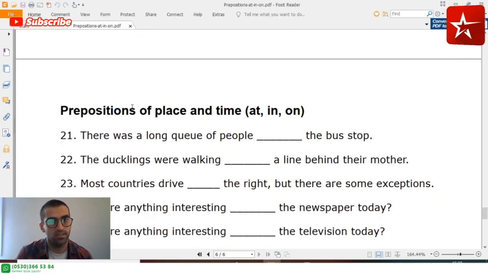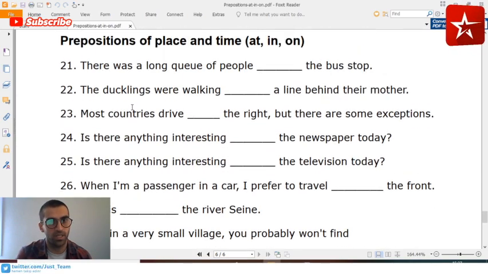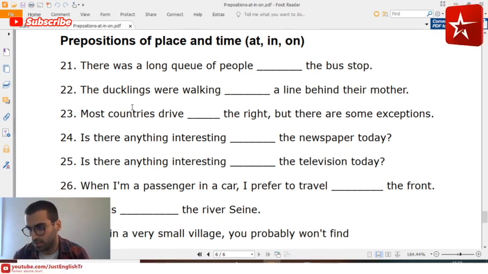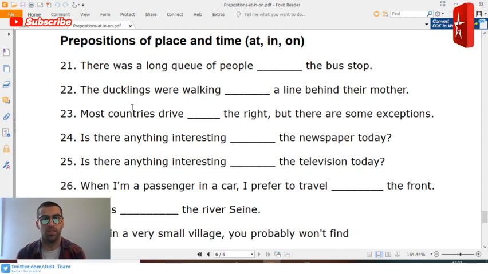And look at here, 21. There was a long queue of people at the bus stop. What should we write for 21 here? There was a long queue. Sıra demek. Yani bir uzun kuyruk.